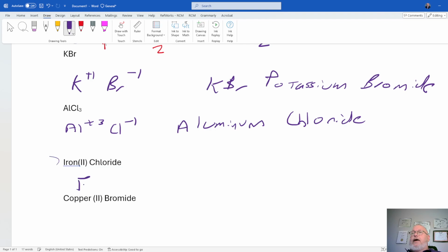So I automatically know that charge is plus 2. The chlorine is in group 17, so I know it's minus 1. So to write this compound, I crisscross or know that I'm going to need 2 chlorines to balance out that charge. So what's the compound? FeCl2.